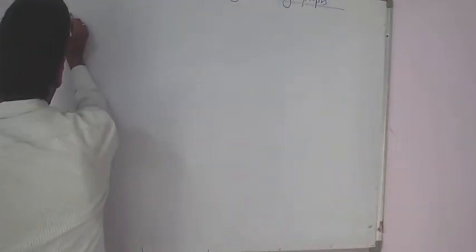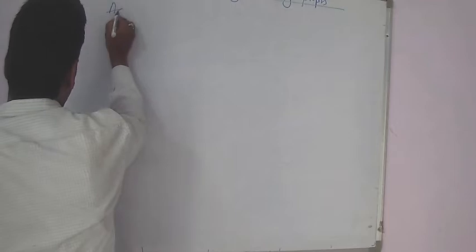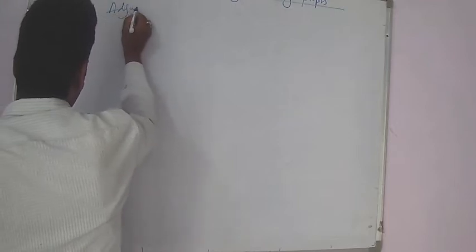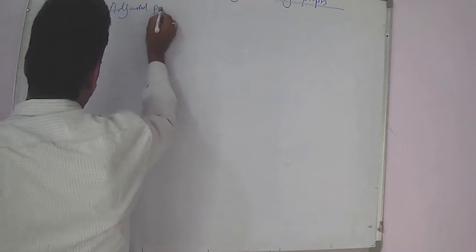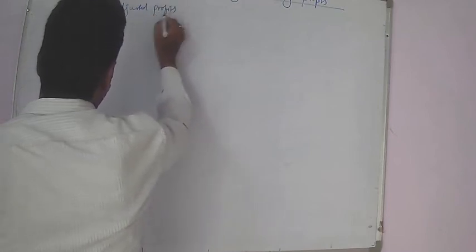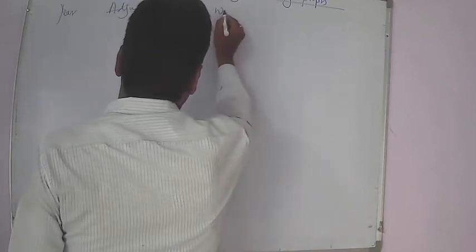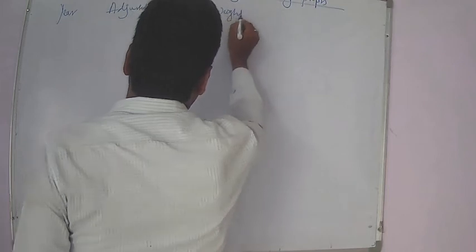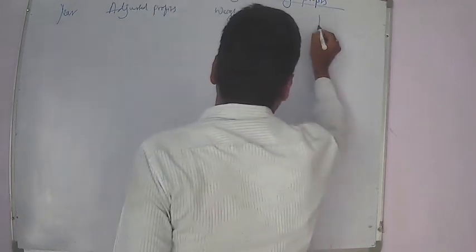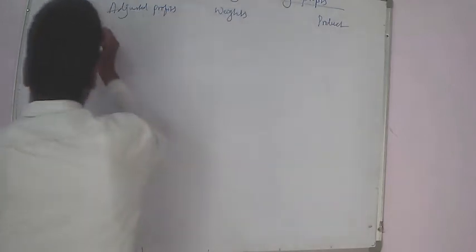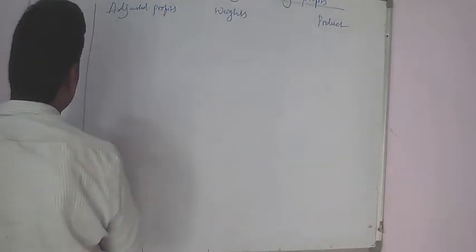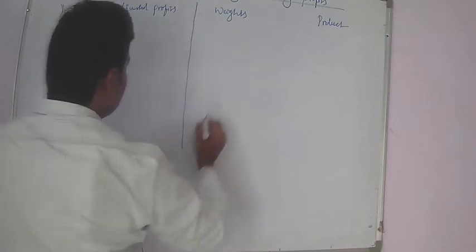The first column will be year. Second column adjusted profit. Already we have calculated this one. Then weights, and this is product. There are 4 years.